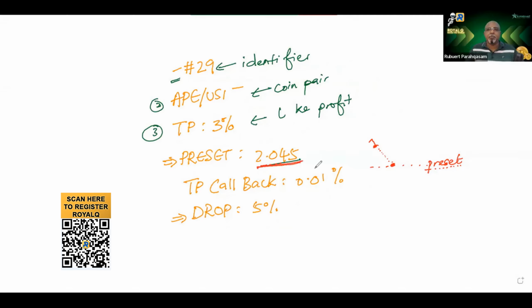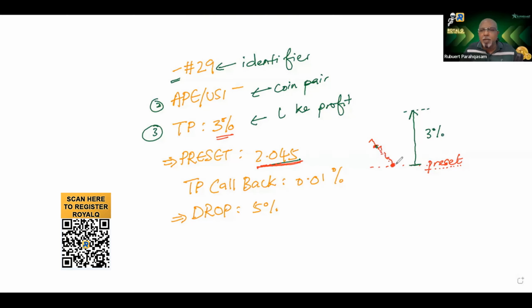Okay. And then when we say take profit of 3%, what it means is this. From this preset price, we expect the market to go up by 3%. So this is where we will sell. So when we have set up the robot, it will wait until the market reaches the preset price.